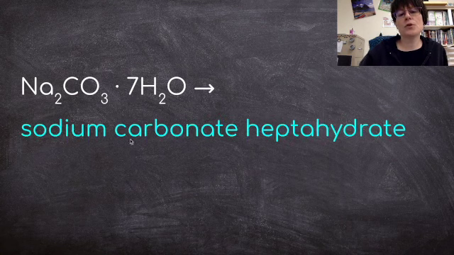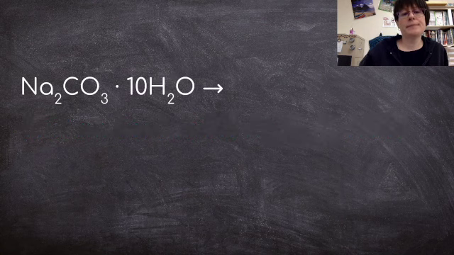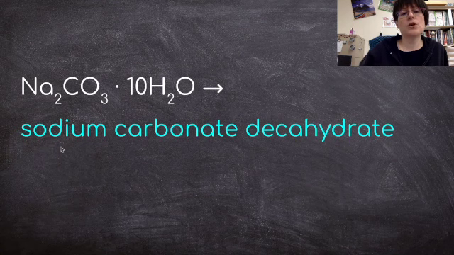So this is sodium carbonate heptahydrate. The hydrate is what we write for the water because it's hydrated, just like when we hydrate ourselves, we drink water. Sodium carbonate again, this time 10 waters. The prefix for 10 is deca, like decades. So sodium carbonate decahydrate.